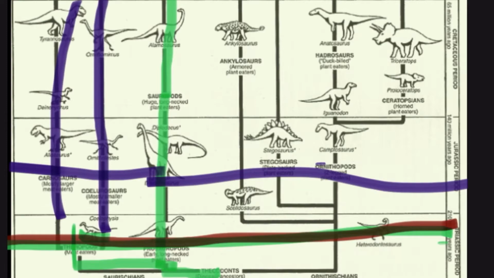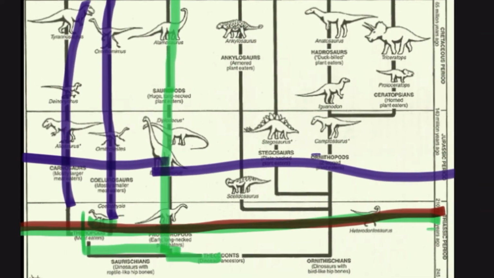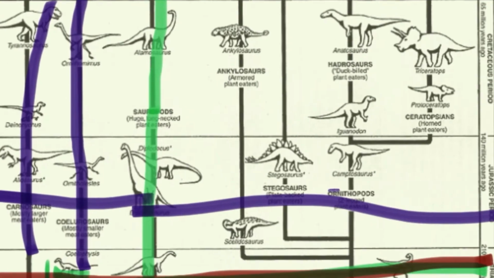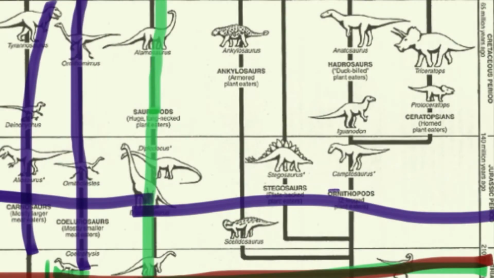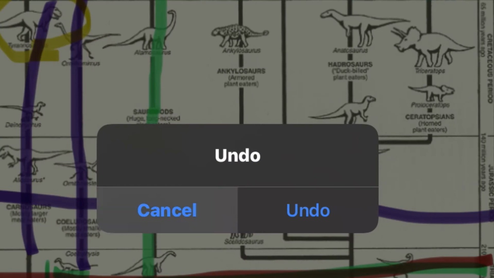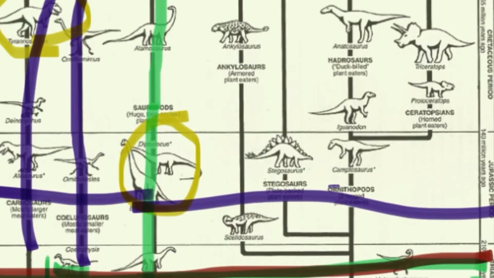Because if you look at a picture of a T-Rex, let me just find the T-Rex on this thing. So T-Rex is right here. If you find a picture of a T-Rex, which I just did, and then you compare it to a picture of a sauropod like Diplodocus or Brachiosaurus, I'll just do Brachiosaurus because it's my favorite.